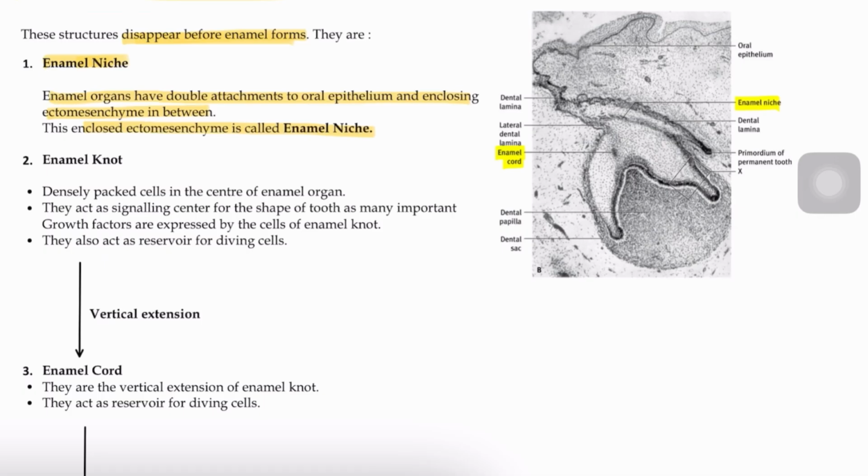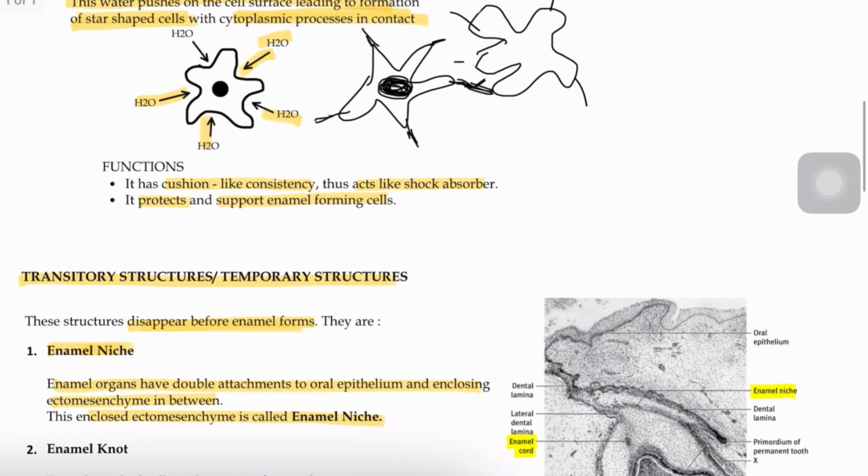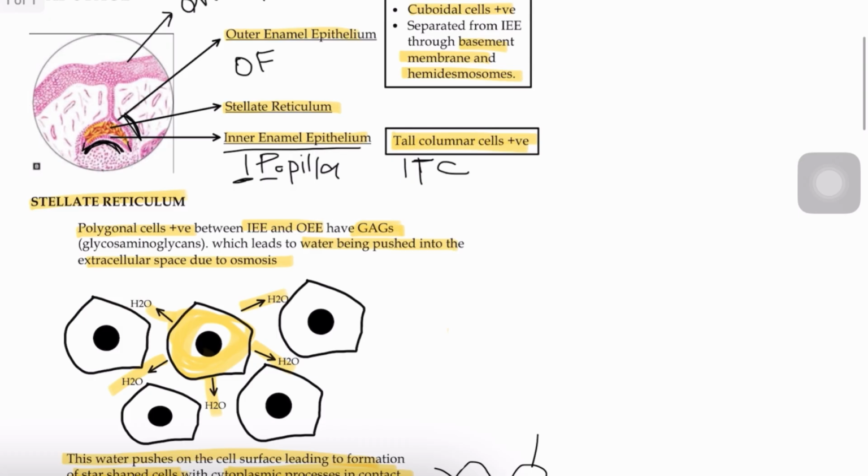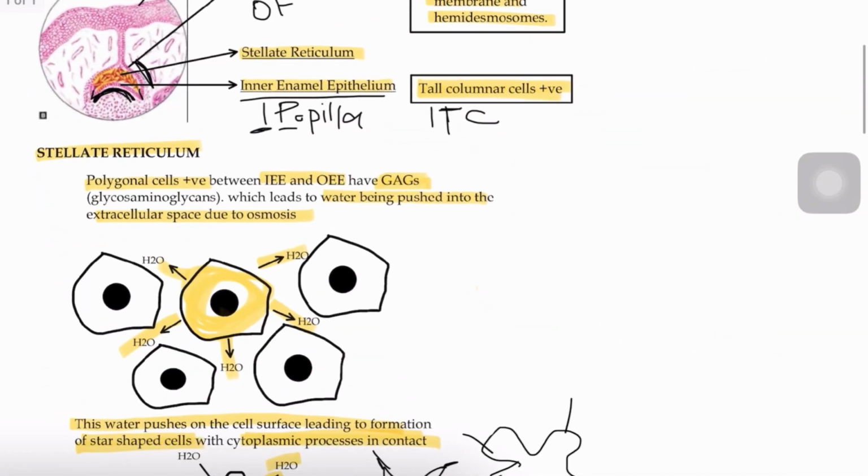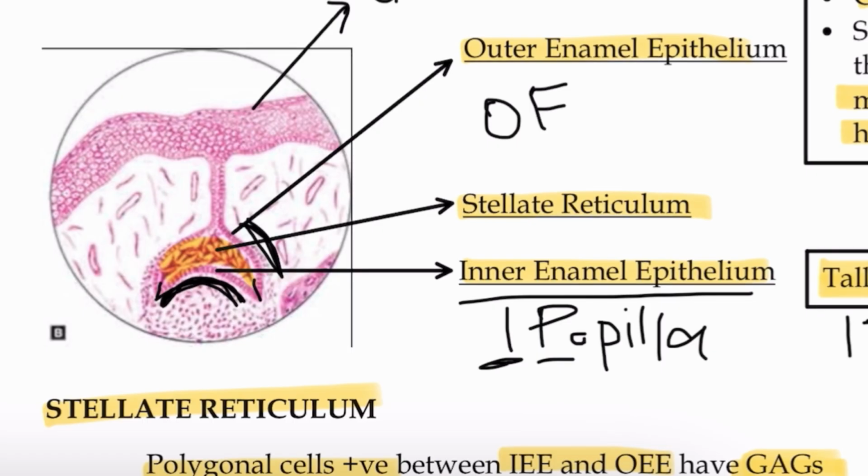So now back to the basics of that. The enamel organ will have two different attachments to the oral epithelium, and in between those attachments there is enclosed ectomesenchymal cells, and these cells are known as the enamel niche. To explain in simple terms, here in this region we can see there is one attachment to the oral epithelium.